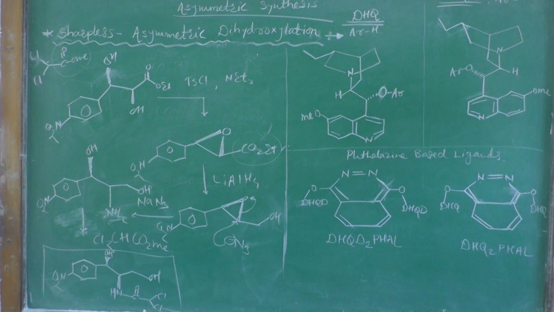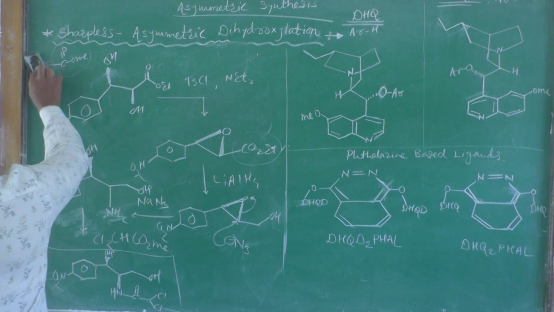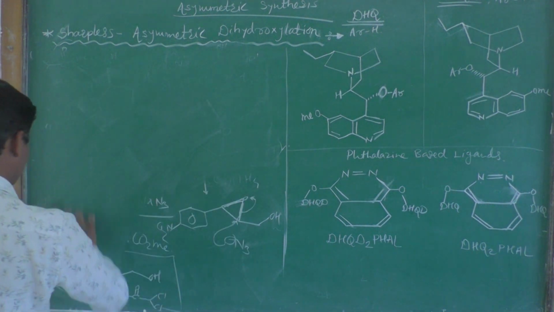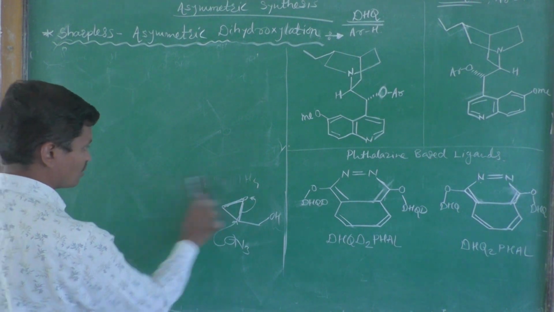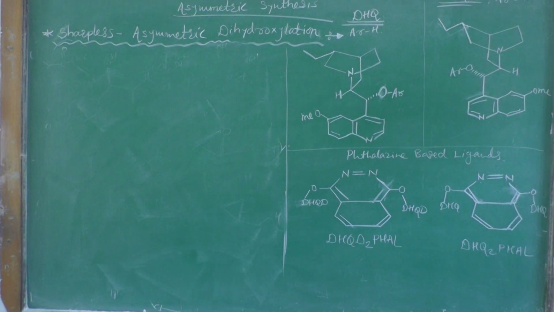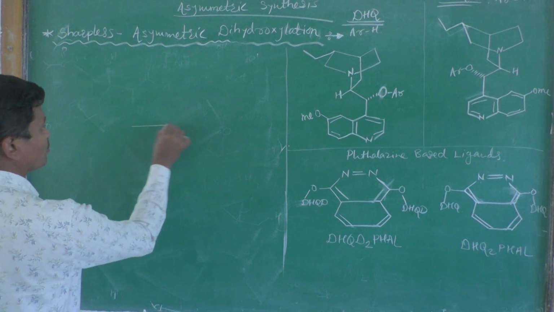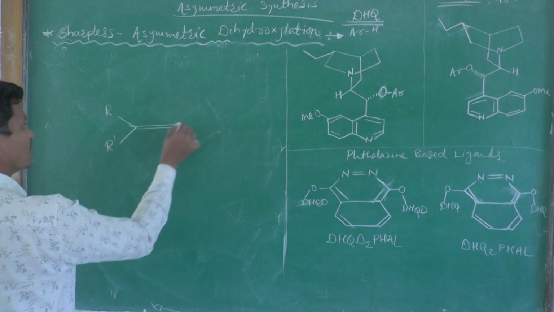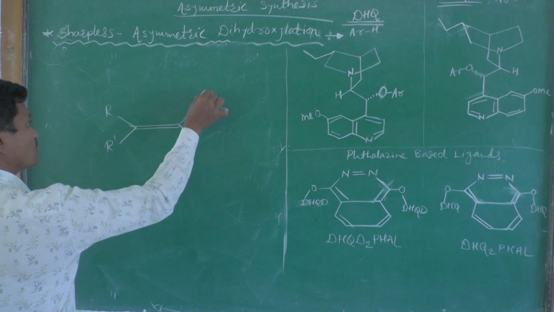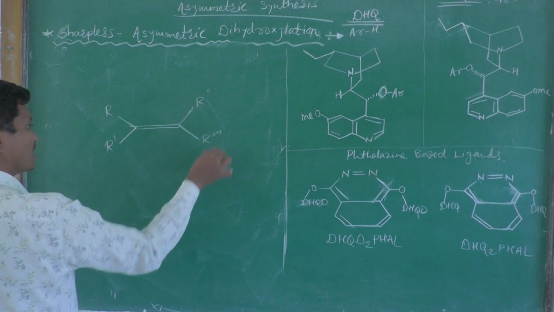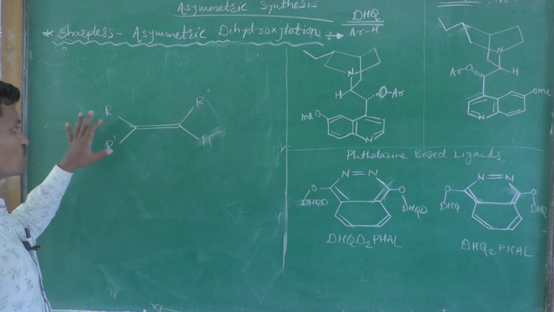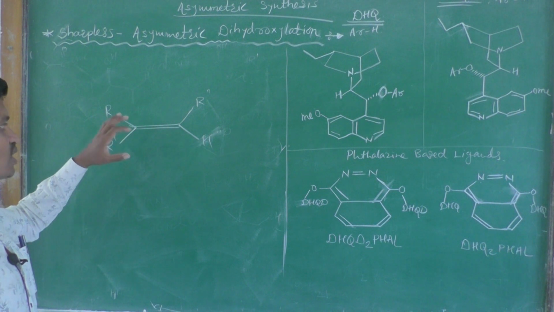Now at the last we can conclude how all this is happening. By treating this carbon-carbon double bond, let us see, with R, R dash, R double dash, R triple dash, or hydrogen, you can take any one. Some R groups, alkyl groups, are smaller, some are larger.